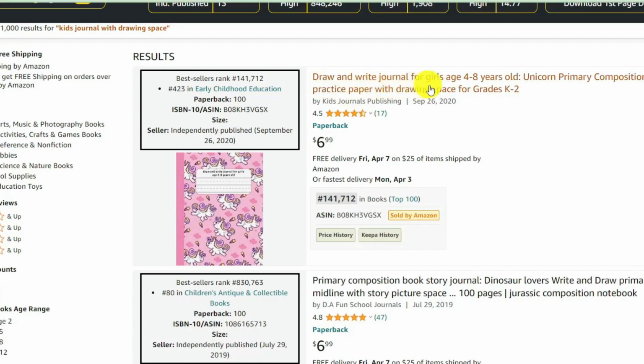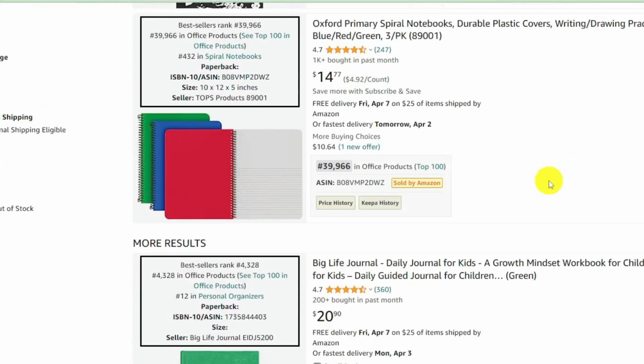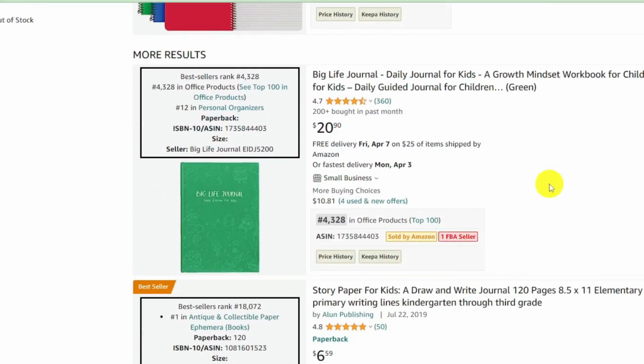So draw and write journal for kids, we can use that as a kind of second keyword in our subtitle, because draw and write or write and draw is used so commonly. We saw it again and again. So it's not going to be our main keyword, but I think it needs to be in our subtitle.